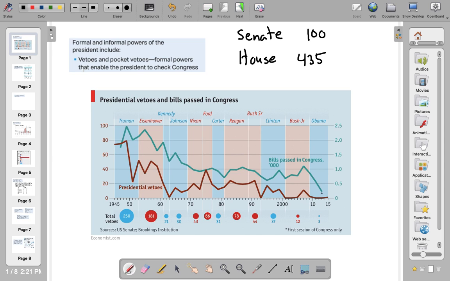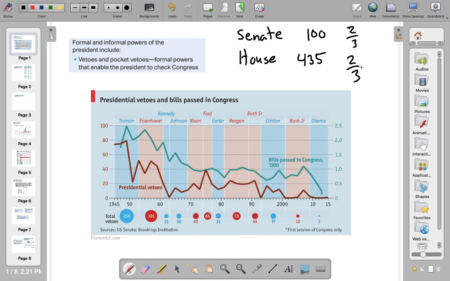Now let's say the president vetoes a bill. It would go back to Congress, and then 2/3 of the senators and 2/3 of the House would have to agree to override the veto. This happens very rarely because it's difficult to get 2/3 of the Senate or the House to agree on anything. There are a couple of other things the president can do when a bill comes to his desk.